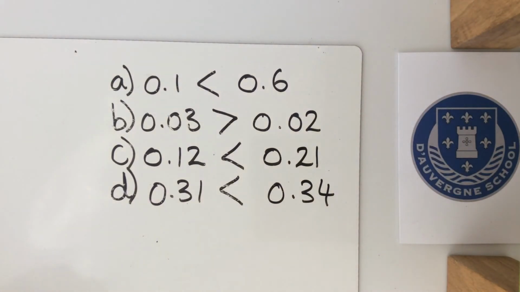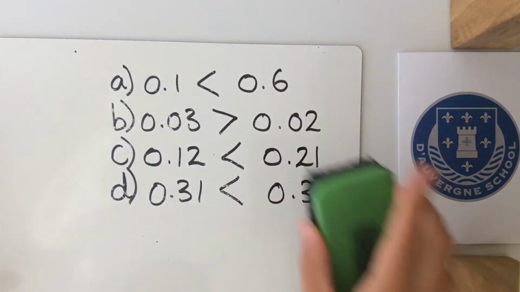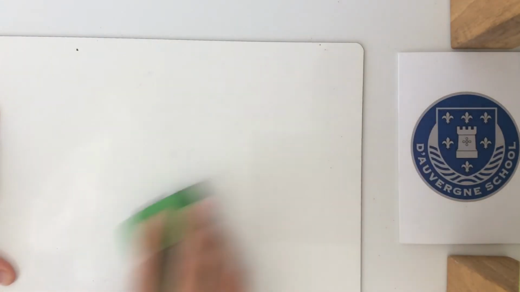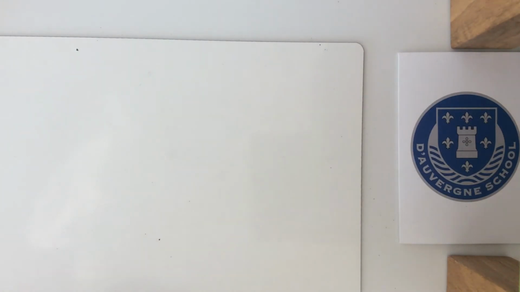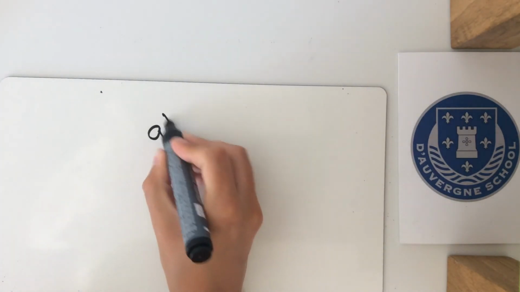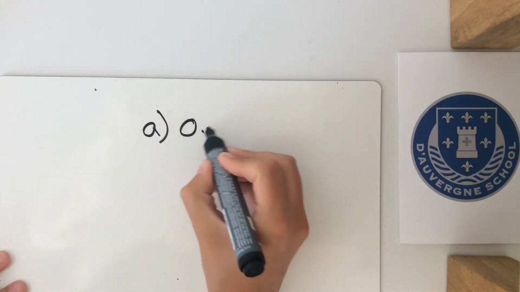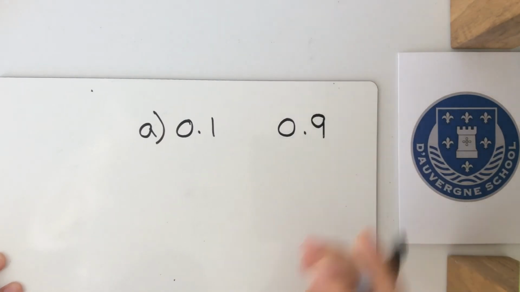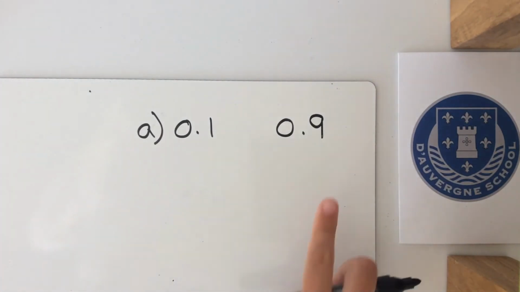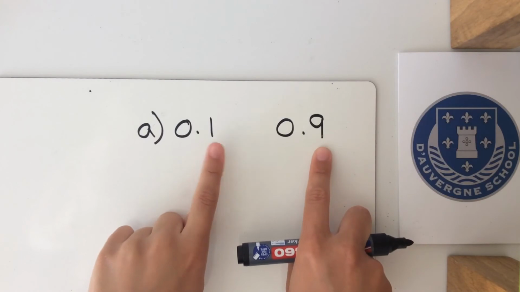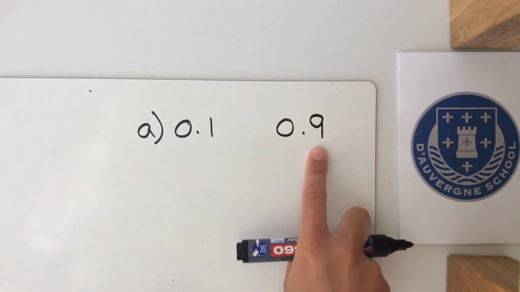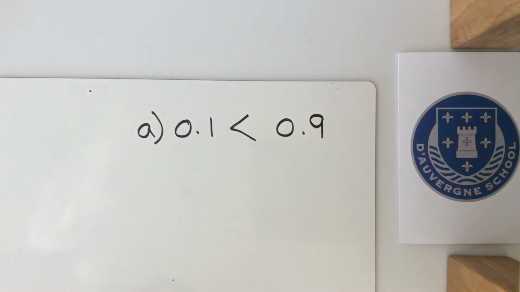Okay, so for question 2, which number is greater? We've only got 2 questions here. So A, we've got 0.1 or 0.9. Which number is greater? Let's look in our tenths column. Which number's got the bigger number? 0.9, so we eat the bigger number.